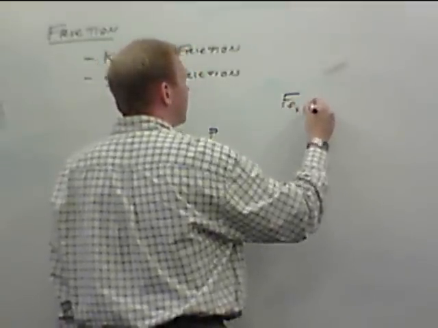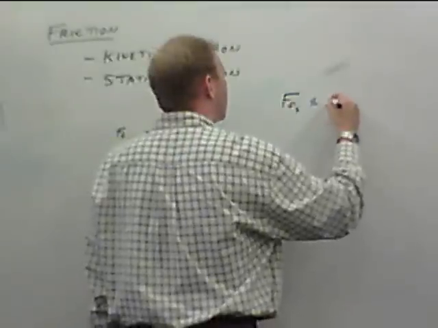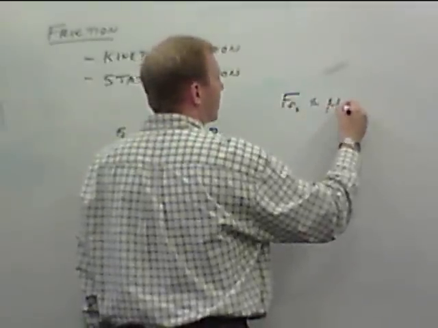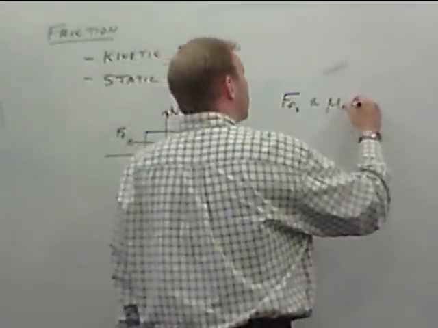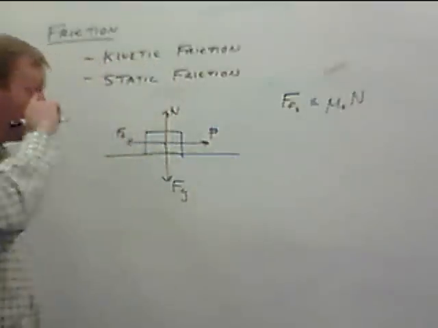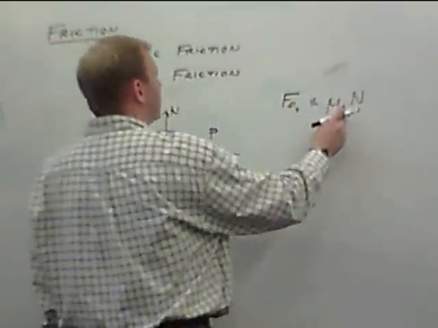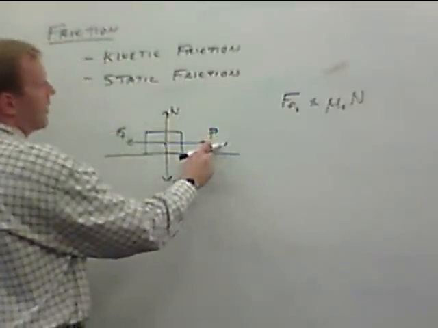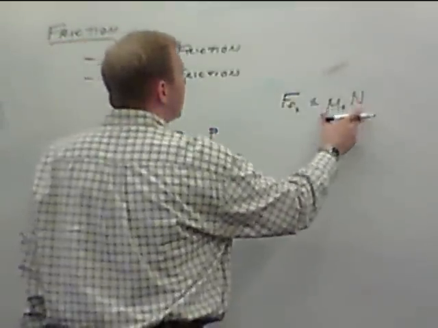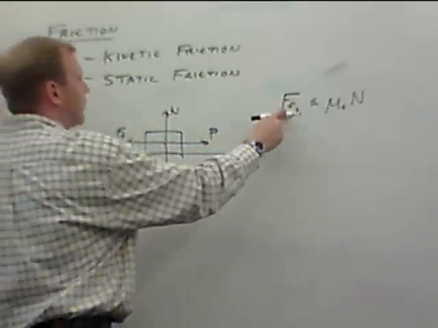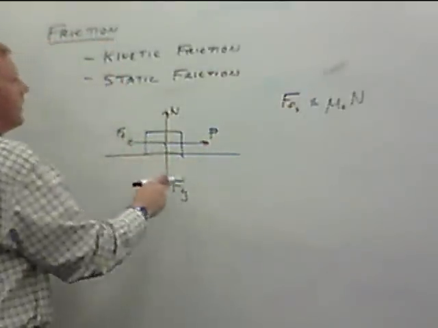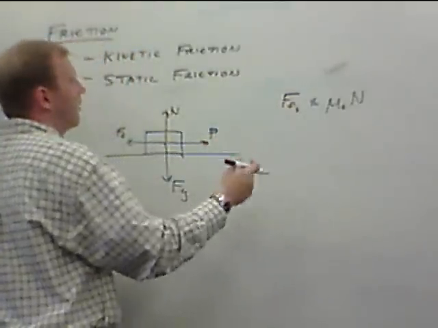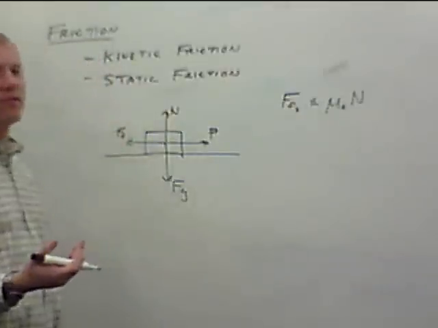So if you remember, the force of static friction, and this is an important detail, is less than or equal to mu_s, the coefficient of static friction, times N. The idea here is it's less than or equal to this value. So if P in this diagram is less than mu N, we're not going to have force of friction equal mu N. Say the pulling force is 100 and mu N equals 150.